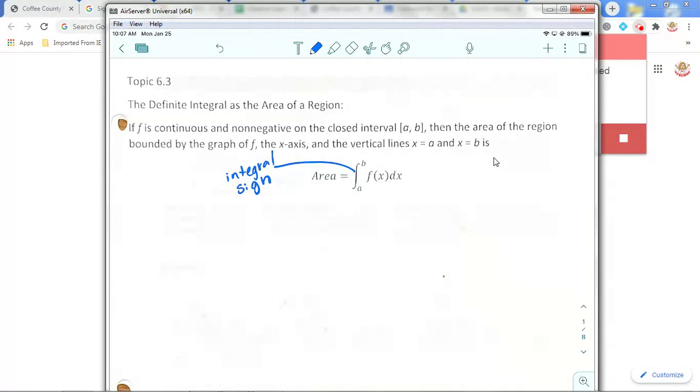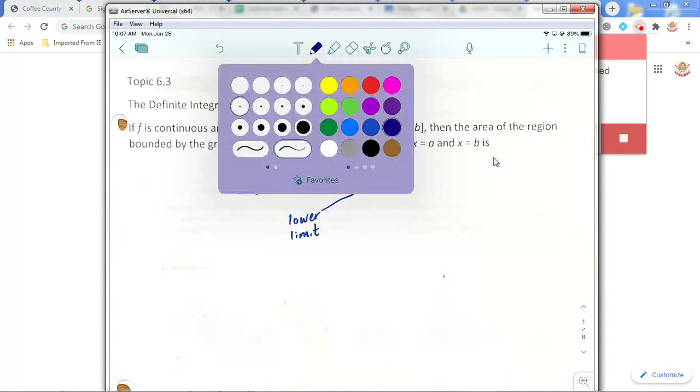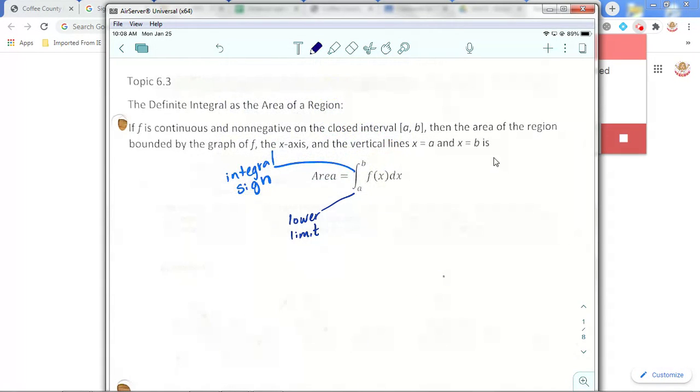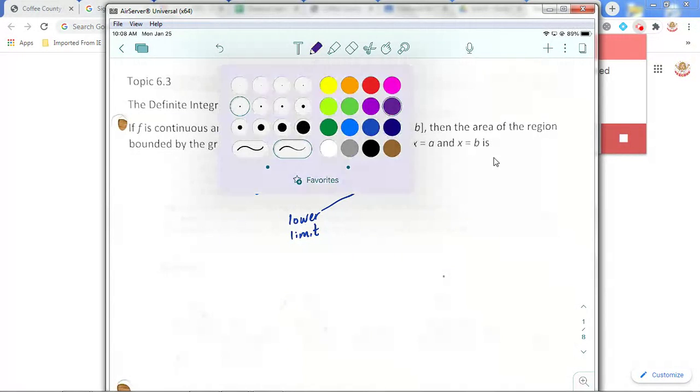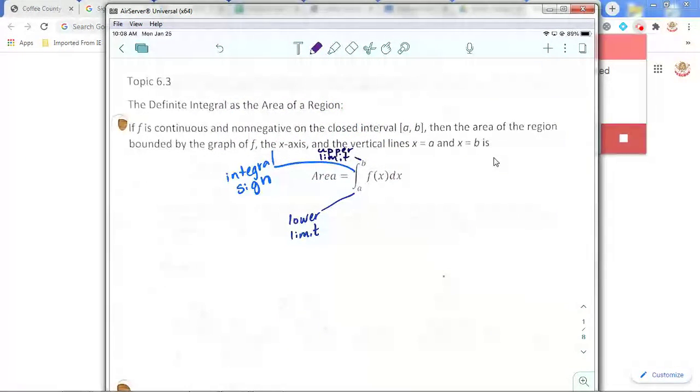And then this A down here at the bottom is called the lower limit. And then B is called the upper limit. F of x is the integrand.